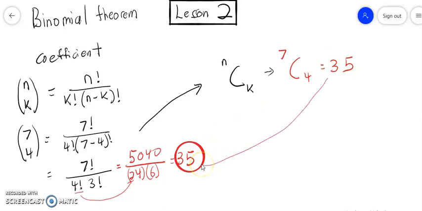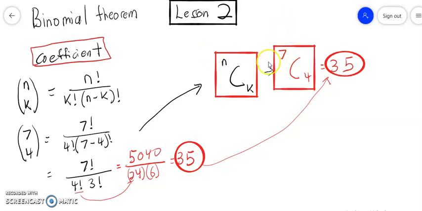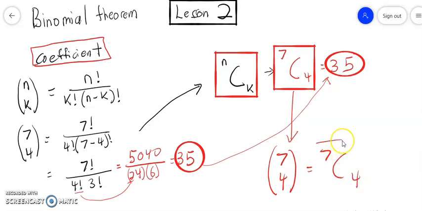This is very important and is called the binomial coefficient. We are going to use this in the next step. The simplest way to represent this is 7, 4, which is just like a revision, 7 C 4. Remember this form.